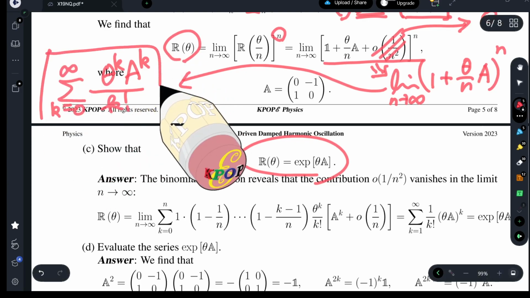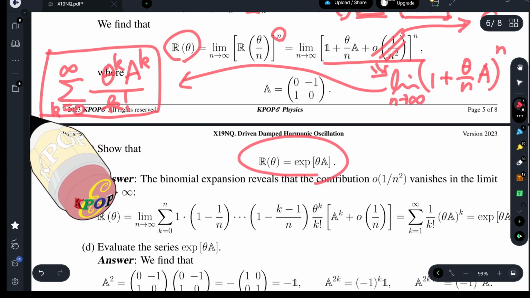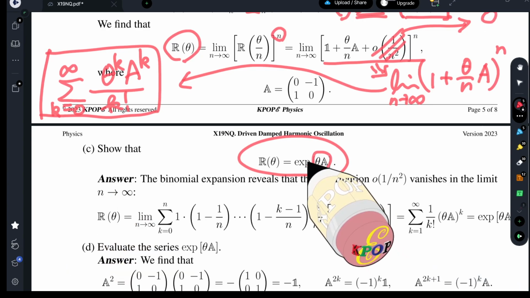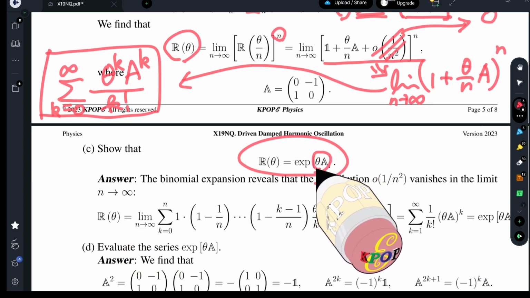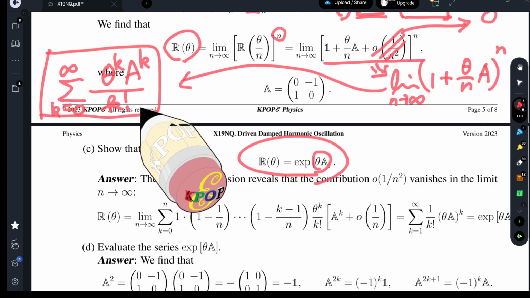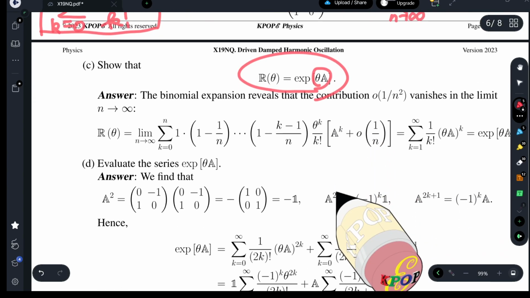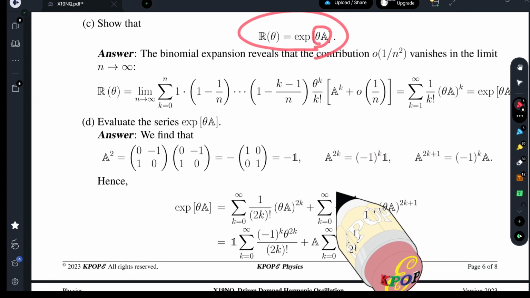Therefore, we generalized the definition of the exponential function to include arguments that are matrices. And the matrix exponential is always expressed as a power series expansion as long as its series converges to a certain matrix.